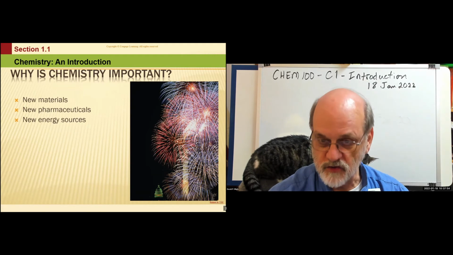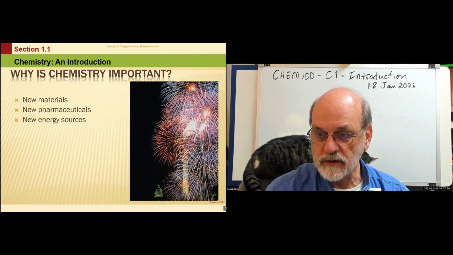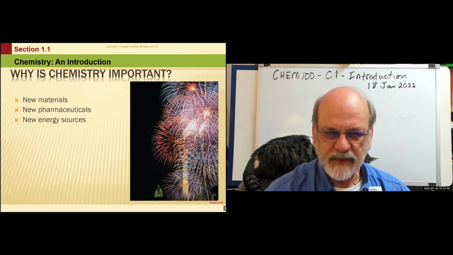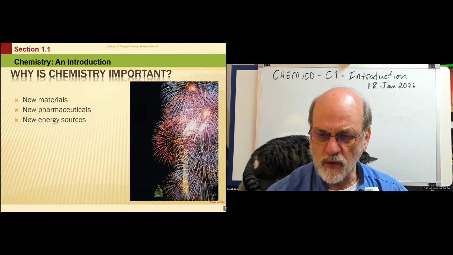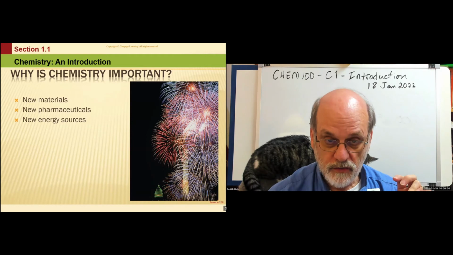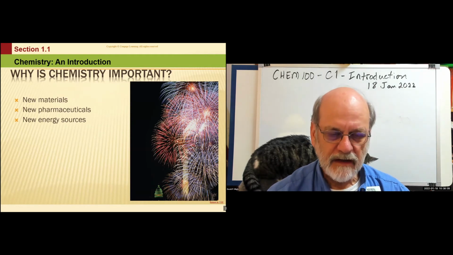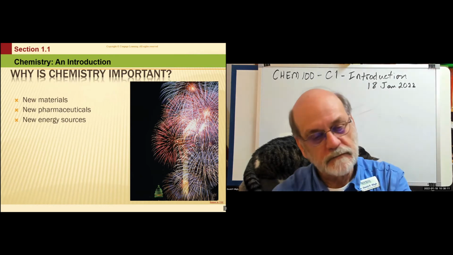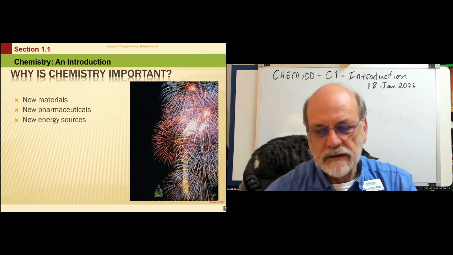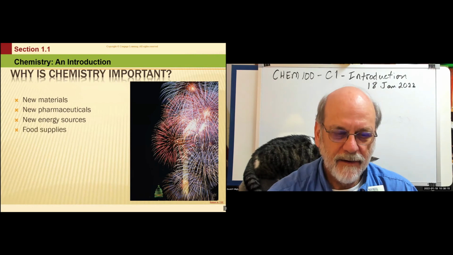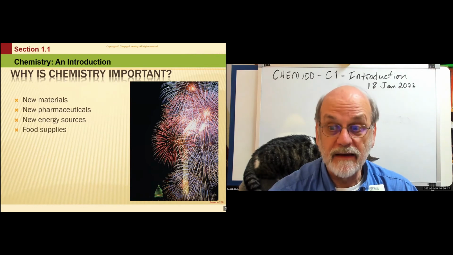Many people use dried dung to cook their food. But many of our energy sources now are due to what we've learned in terms of chemistry. Fossil fuels, they call them.